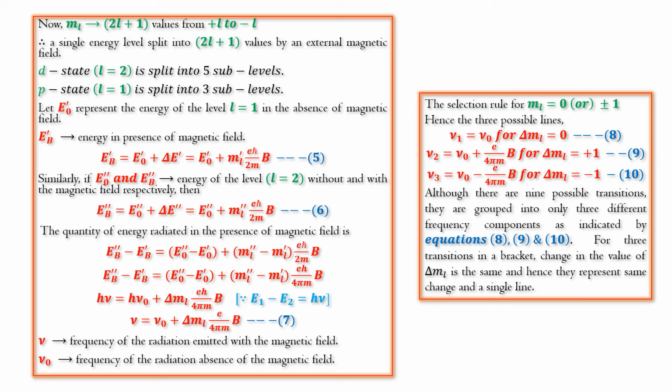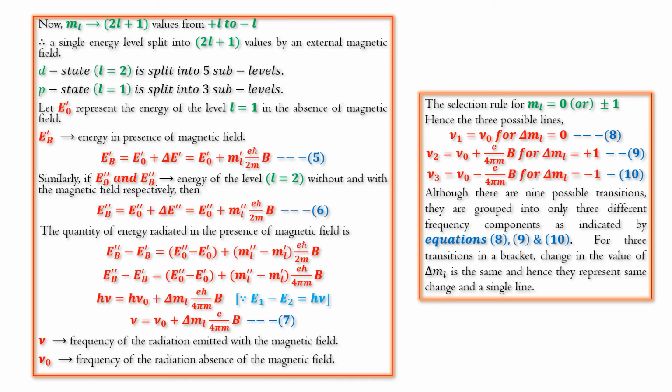Then nu 3 equal to nu naught minus e by 4 pi m B for del ml equal to minus 1, equation 10. Although there are 9 possible transitions, they are grouped into only 3 different frequency components as indicated by equations 8, 9 and 10.